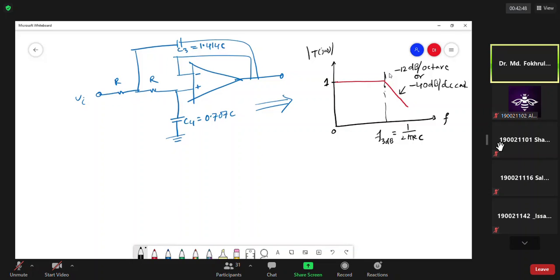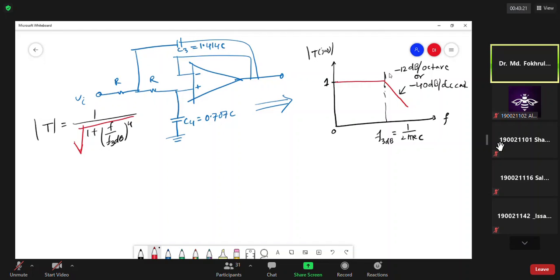And then accordingly the transfer function magnitude will look like this. The magnitude is 1 over root of 1 plus f divided by f3 dB to the power 4, in terms of the 3 dB frequency.